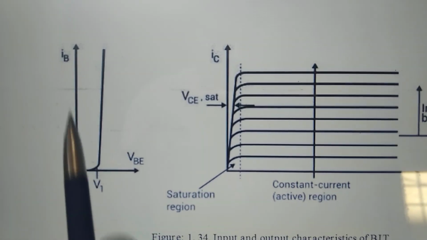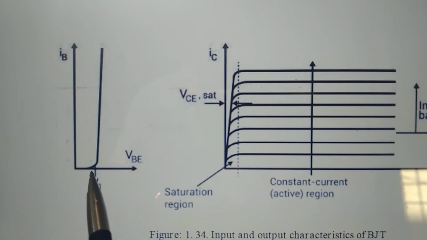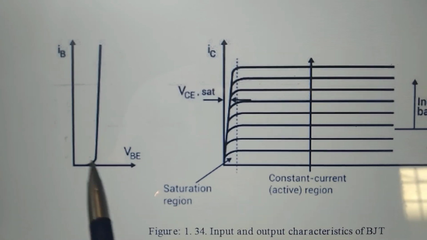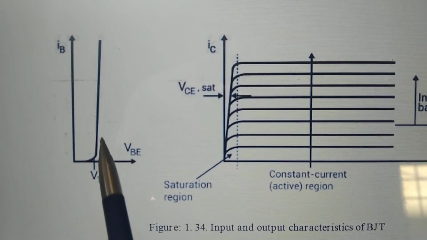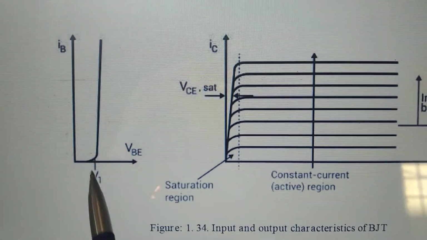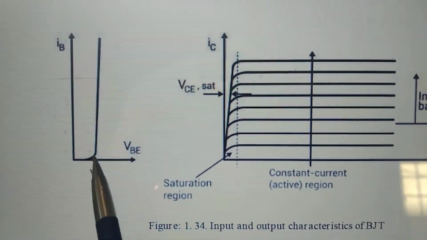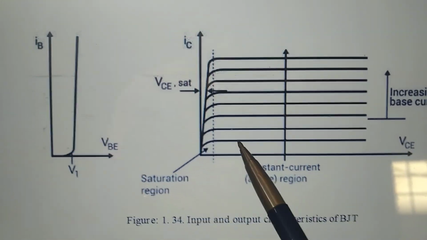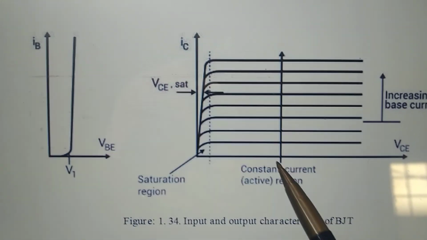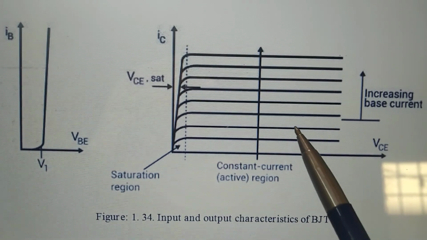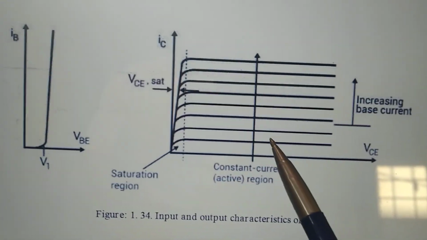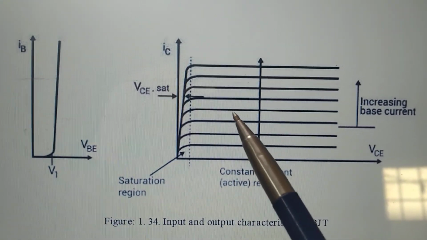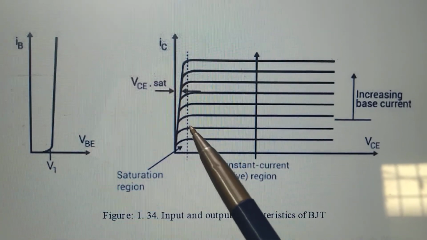When we see the input characteristics of power BJT, this is a knee point where the conduction takes place. After that, more current flows through the BJT. And this output characteristics consists of mainly three regions, same as normal BJT, but there exist two saturation regions.